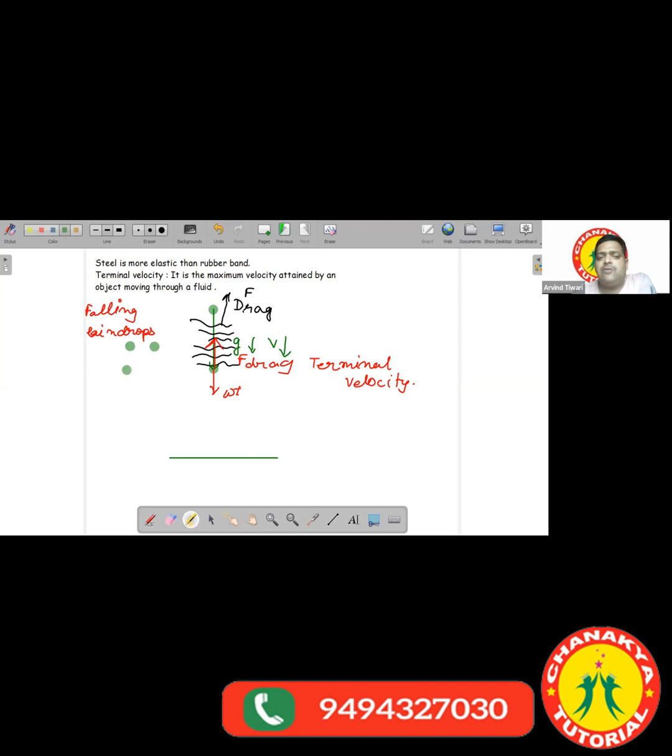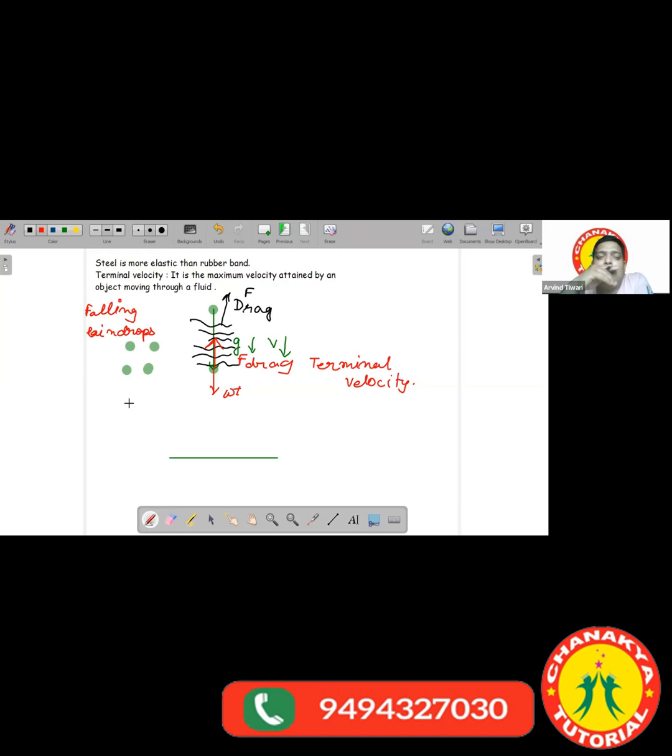The raindrops fall down due to the gravitational pull. And as they fall down, their speed increases, and hence the backward dragging force also increases. Right? So therefore, they attain a terminal velocity, and beyond that, their speed does not increase.